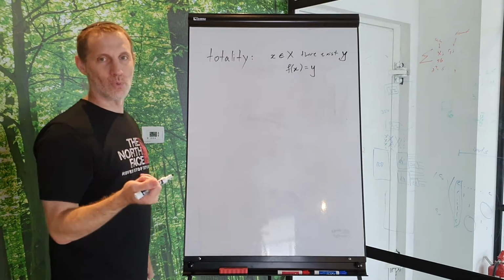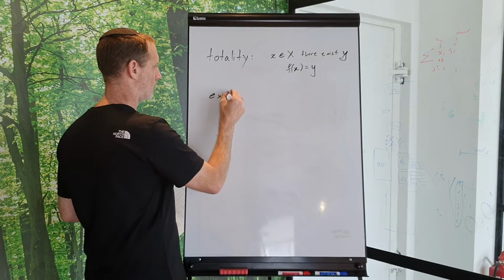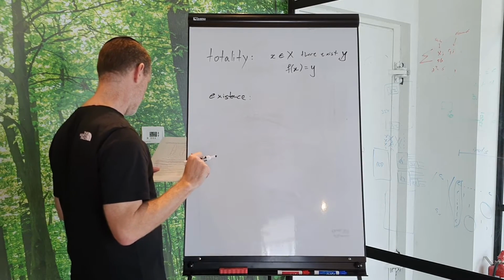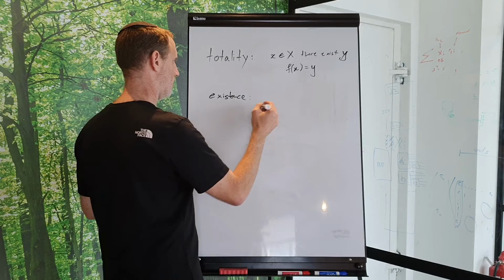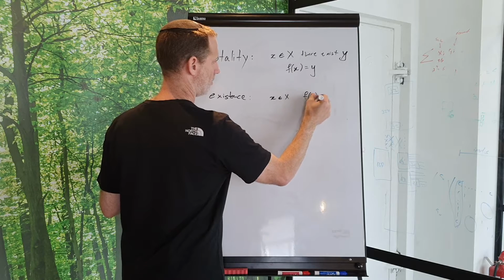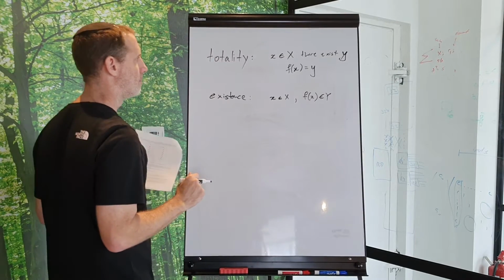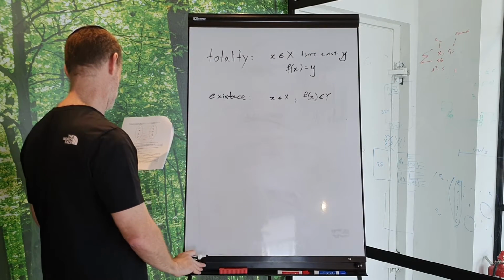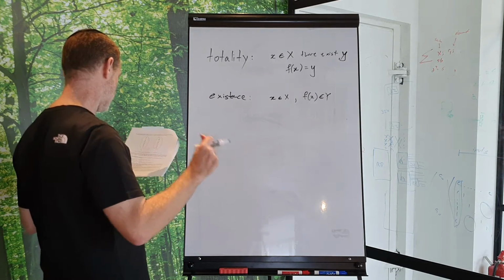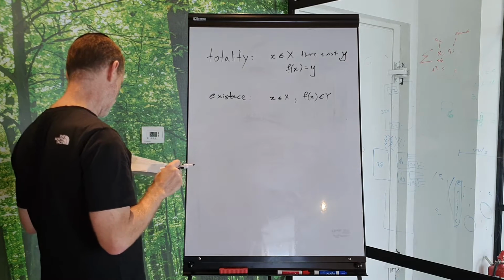So there needs to be a y for every x. That's totality. Existence is just the other side: for every x, f of x is in Y.